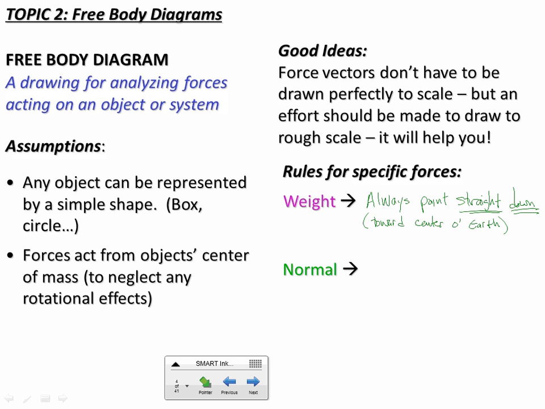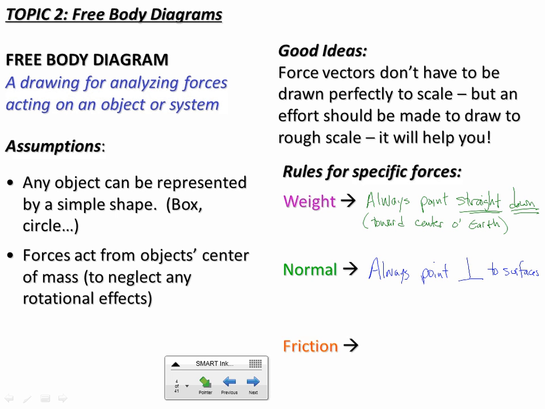Normal forces always point perpendicular to surfaces. So whatever surface an object is on, the normal force has to point perpendicular to that.